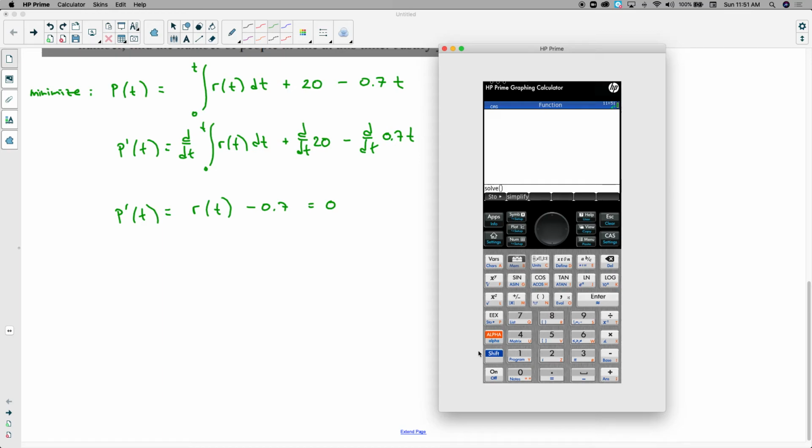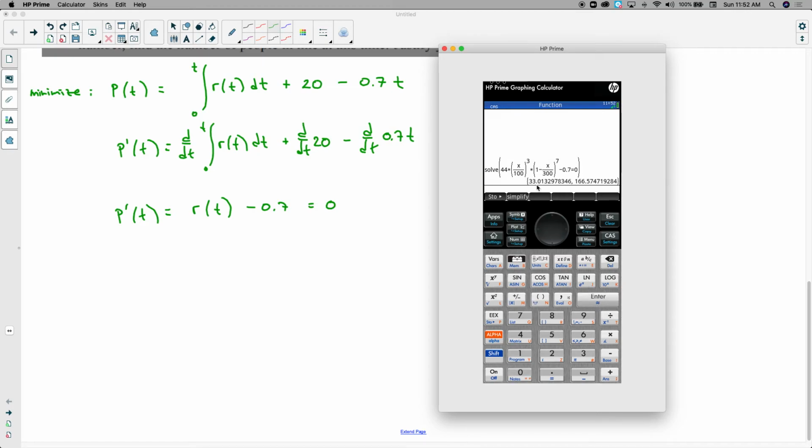So here it again comes in handy that we copied. There is the function, it's on my list, and then I'm going to subtract 0.7 and set that equal to 0, and then just solve it.